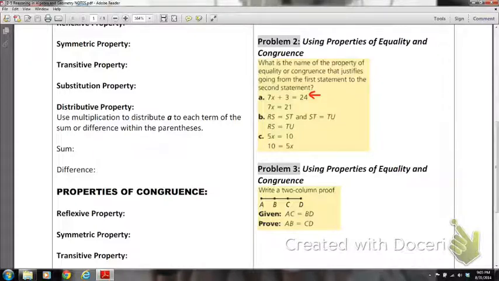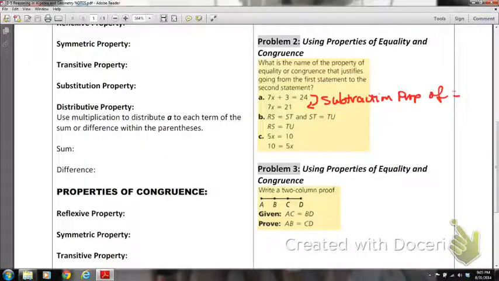So what did you do to get from the first statement to the second statement? You had to subtract 3 from both sides. So since we had to subtract 3 from both sides, that is the subtraction property of equality.